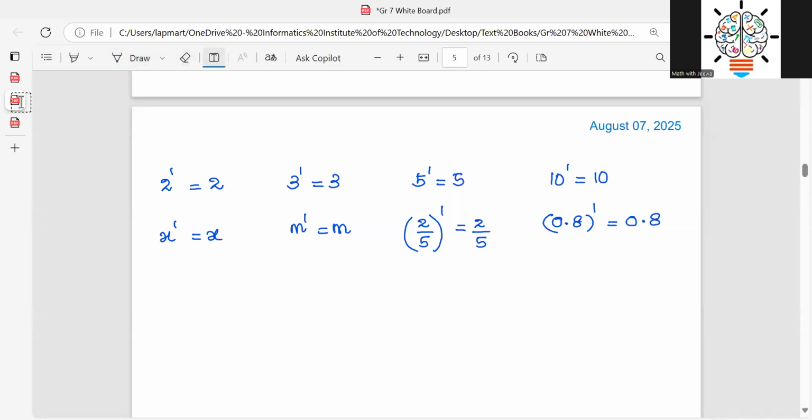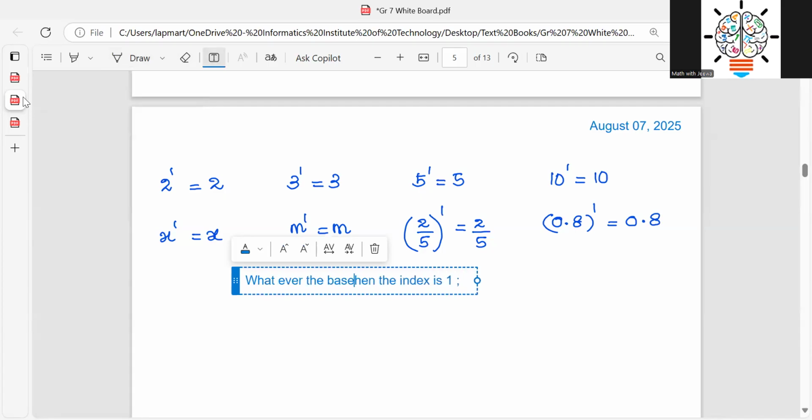What can you understand here? What is the rule? When the index is 1, we write it like this. We'll take it to this side.